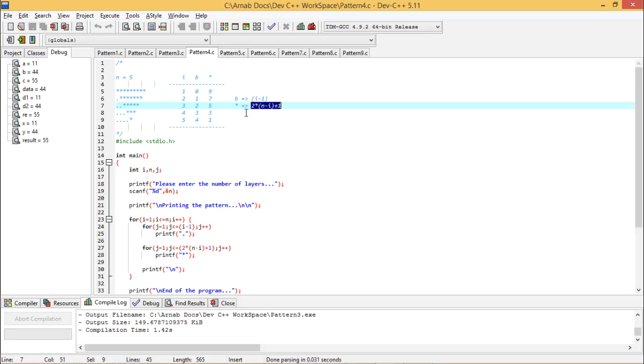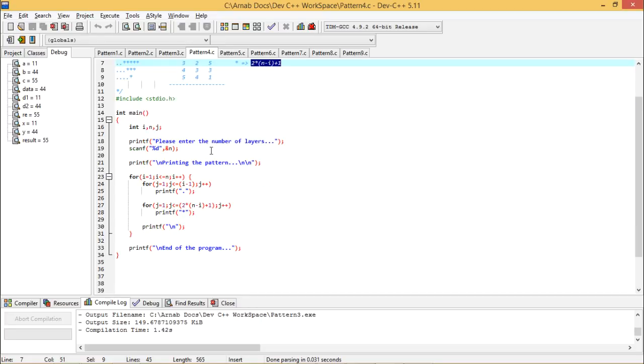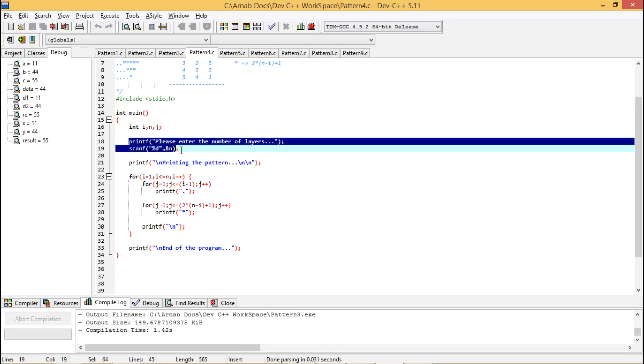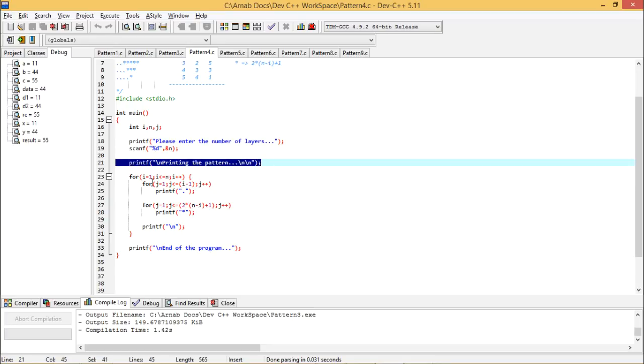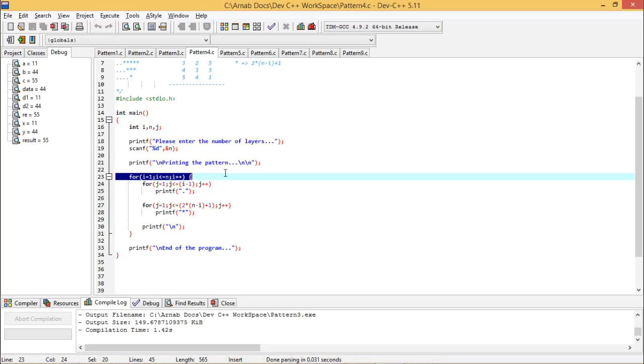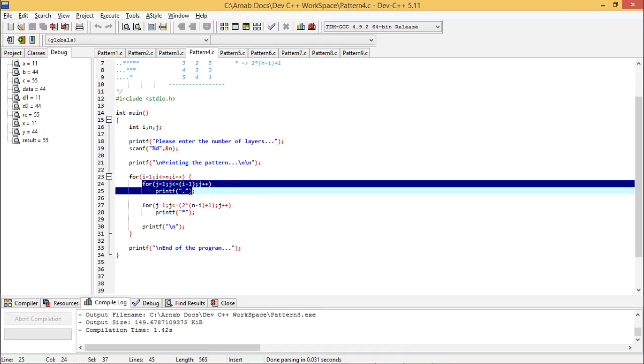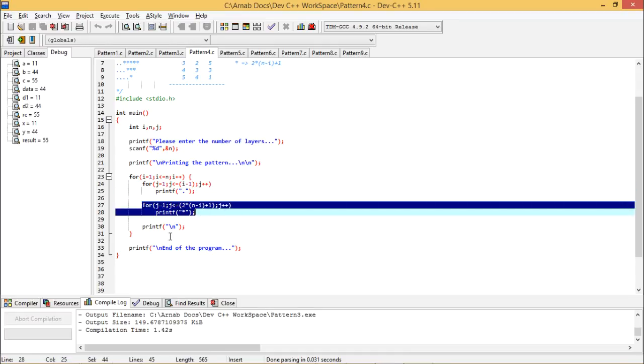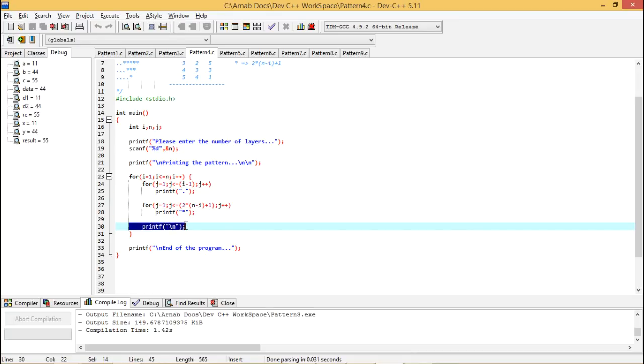After getting this logic, program writing has become a very easy process for me. Now you see I have taken input from the keyboard, the number of layers, and then I am printing the pattern. The layer number will be ranging from 1 to n. For each and every layer, I am supposed to print a certain number of blank characters, then a certain number of asterisk symbols, and then one continuity break.